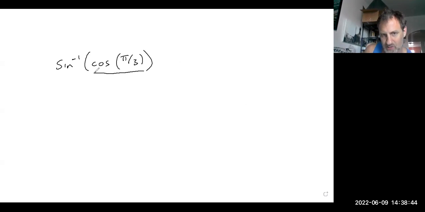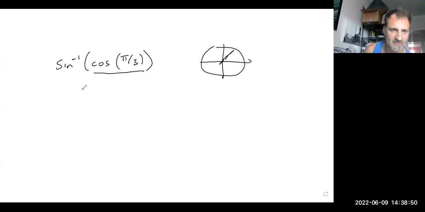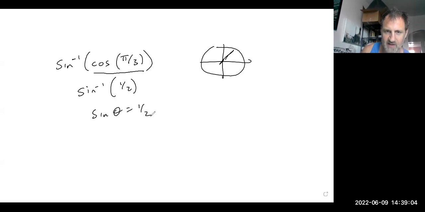I've got to evaluate this. Again, using the unit circle, pi thirds is up here. Cosine of pi thirds, that's a half. So then the question is, what is the inverse sine of a half? And so we're asking ourselves, what angle do we get a sine value of 1/2 from? And that happens at pi/6.